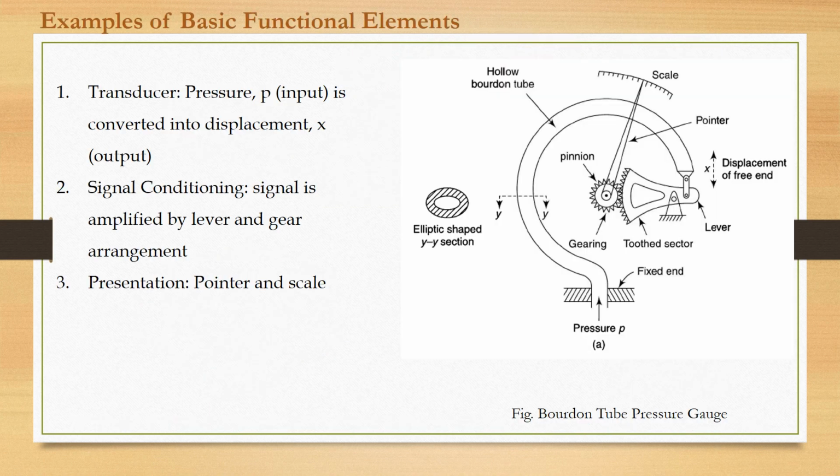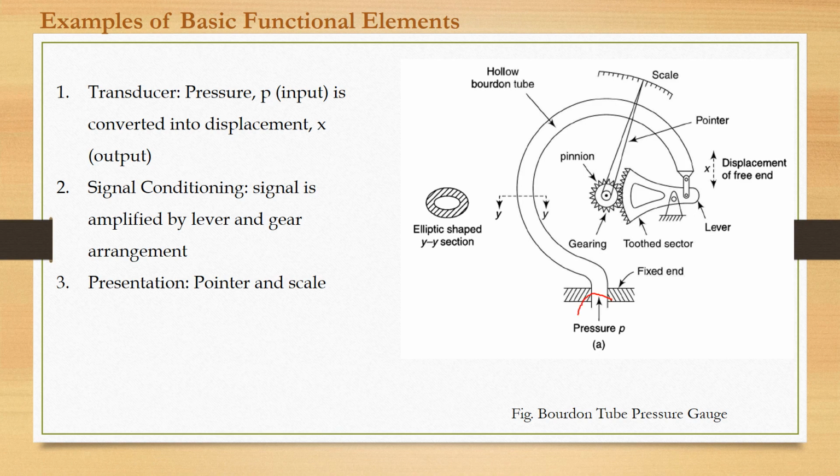Now we come to the examples of basic functional elements. Now we will see in a real instrument how these basic functional elements are present. In this figure you can see the diagram of a Bourdon tube pressure gauge, which you might have studied in your thermodynamics class.